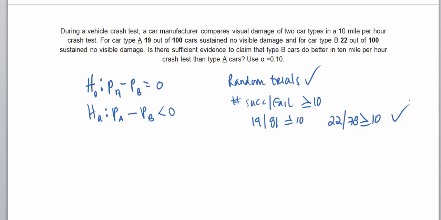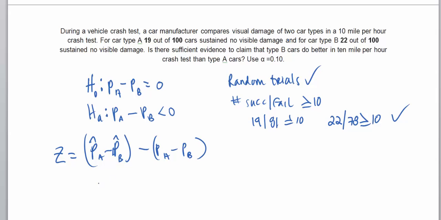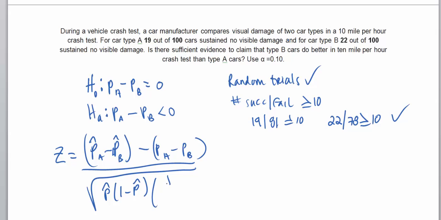All right, so now we should calculate our Z test statistic, where Z is equal to p-hat of A minus p-hat of B, minus our claim, PA minus PB, which is just 0, all divided by the square root of the pooled proportion p-hat times 1 minus p-hat, times 1 over NA, our sample size for the type A car, plus 1 over NB, the sample size for the type B car.